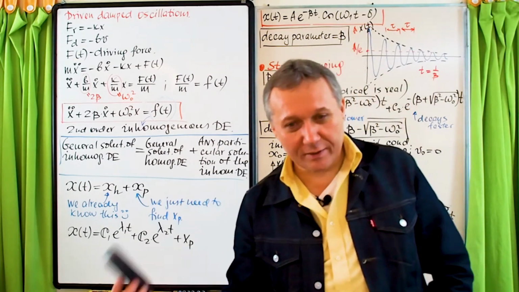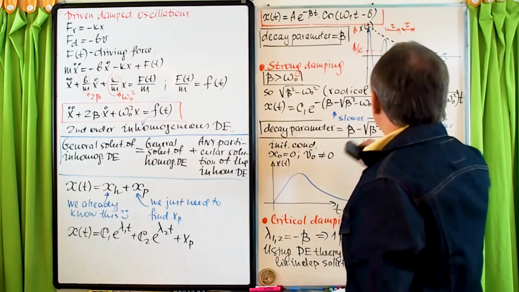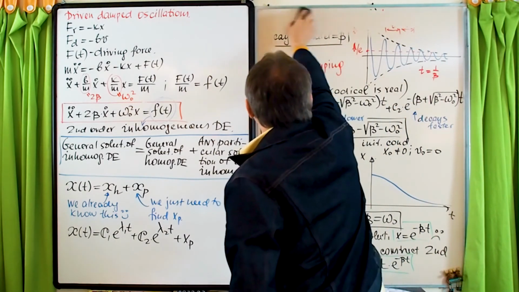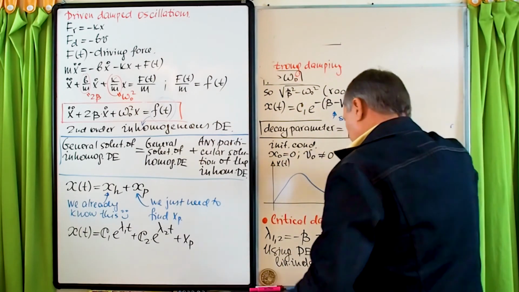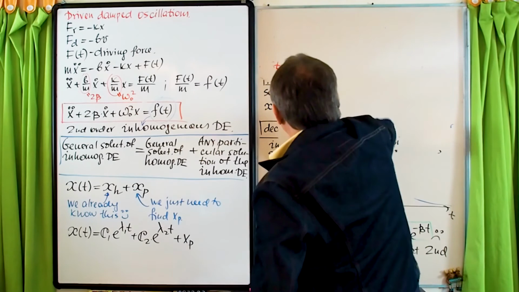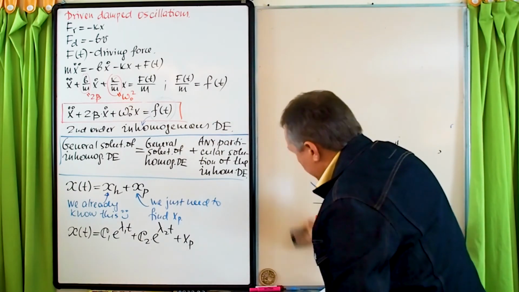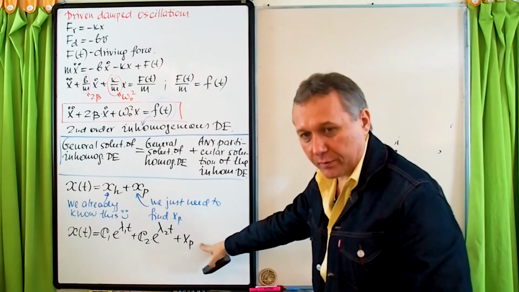Now a different omega appears, the frequency of the driving force. As I told you, now we're going to have plenty of different omegas. And for that force, we need to find any particular solution.